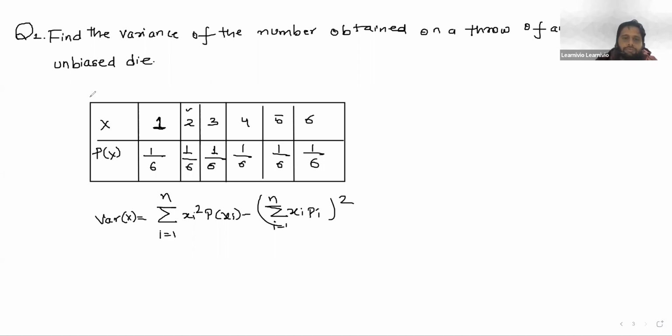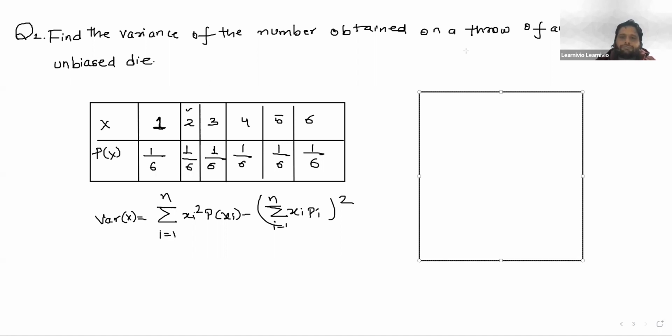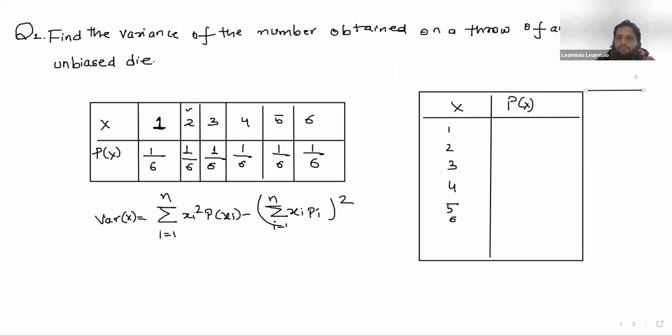It is better if you make it column wise. This is x, this is its probability: 1, 2, 3, 4, 5, 6. Then Nabil, you need its square.